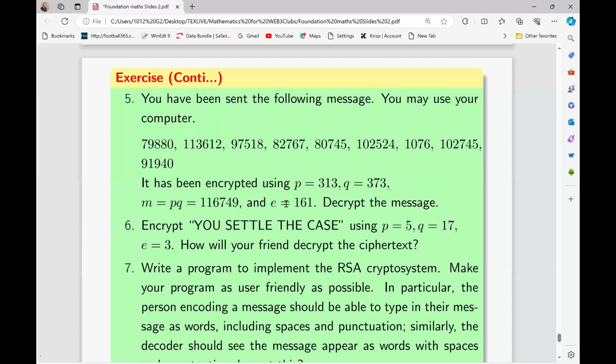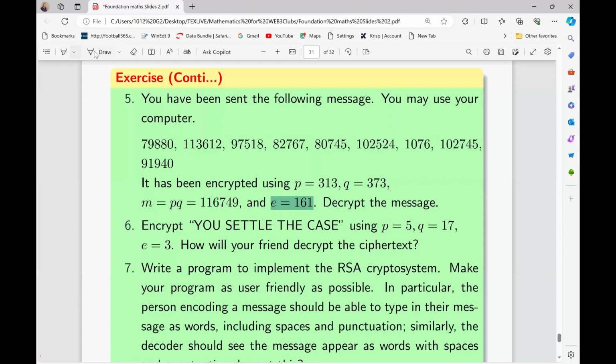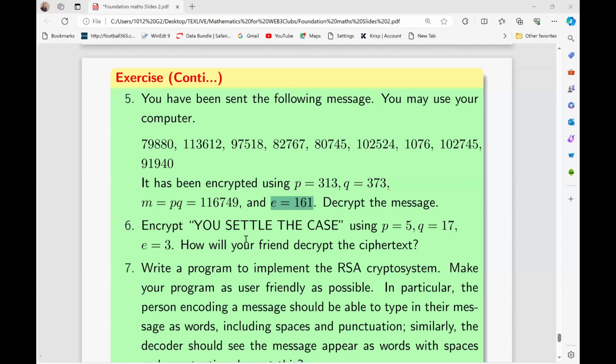You see, for you to decrypt this message, first of all, you get the inverse of E. Now you have this E, so you have to get D, the decrypting key.